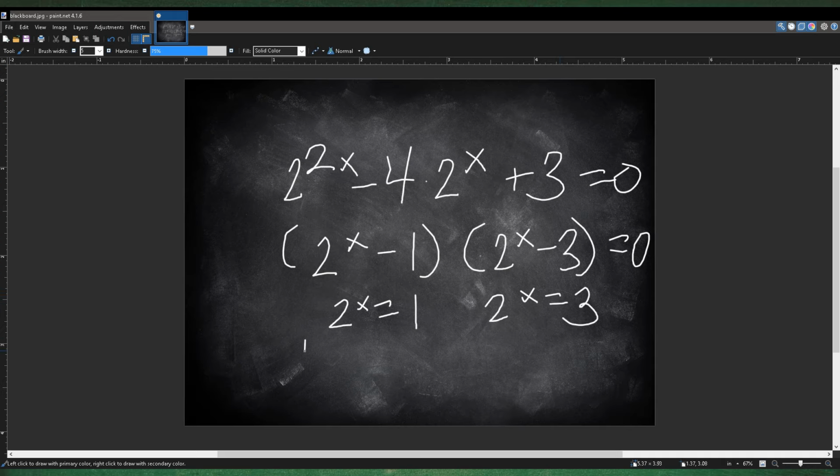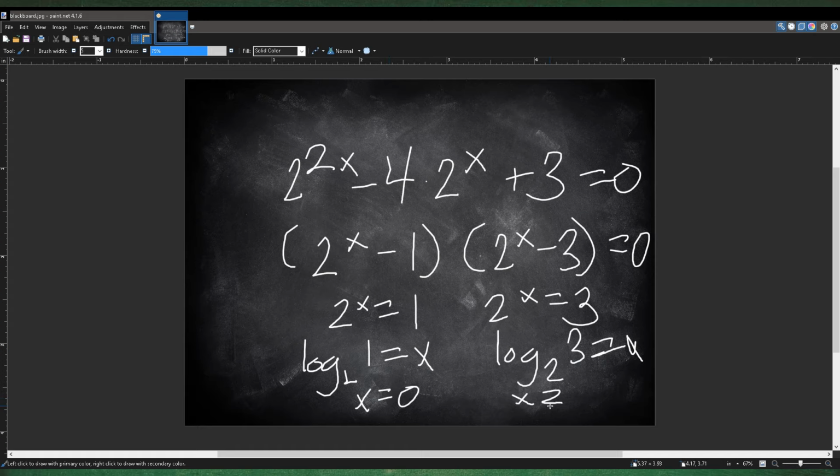So you say log base 2 of 1 is equal to x, and log base 2 of 3 is equal to x. So you use your calculator. Log base 2 of 1 is equal to x, x is just 0. And the other x is equal to log base 2 of 3, which is 1.585-ish approximately.